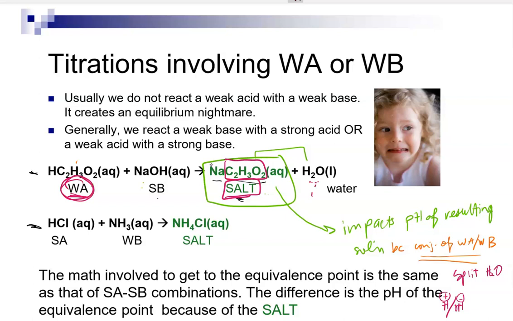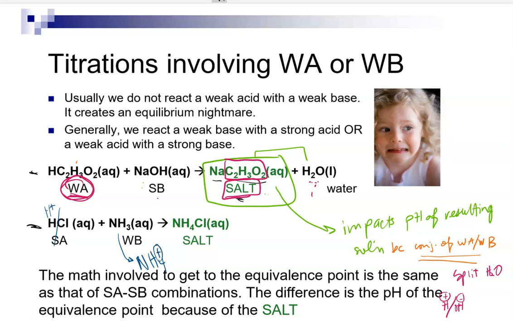It's not the same format that we're used to seeing, but it is a reaction between a strong acid and a weak base. So what would happen here is the weak base would take up the H plus from the hydrochloric acid and become the ammonium ion.